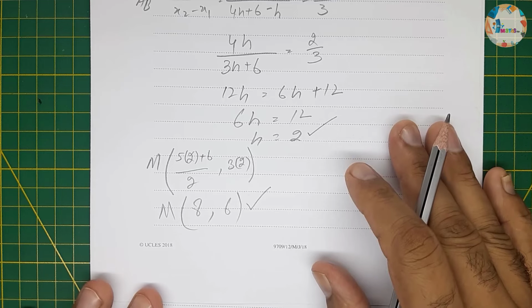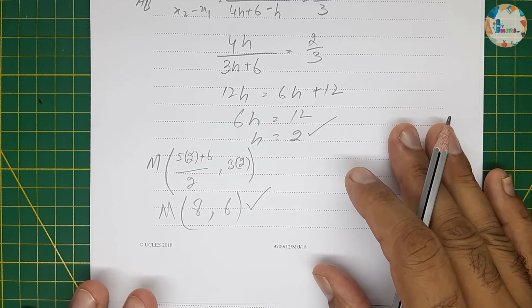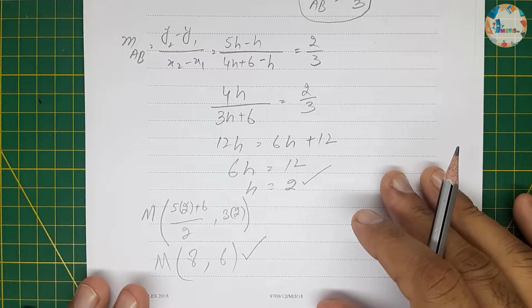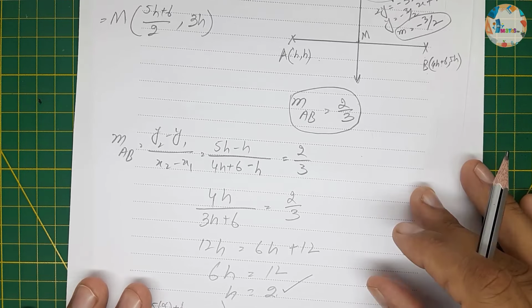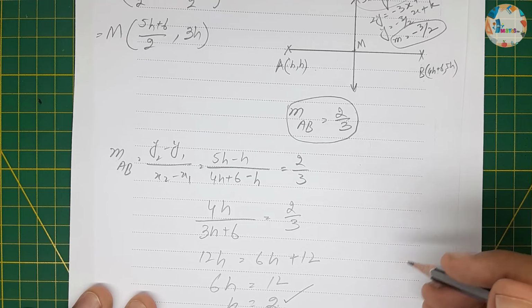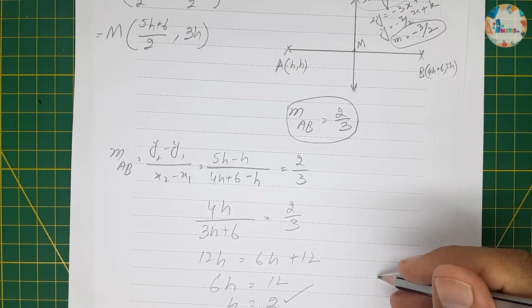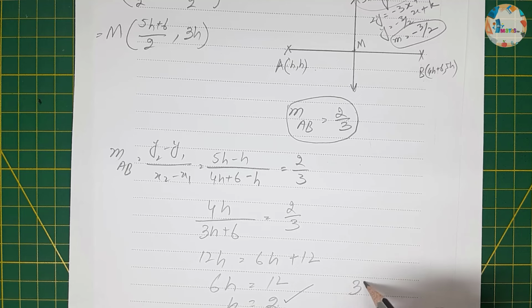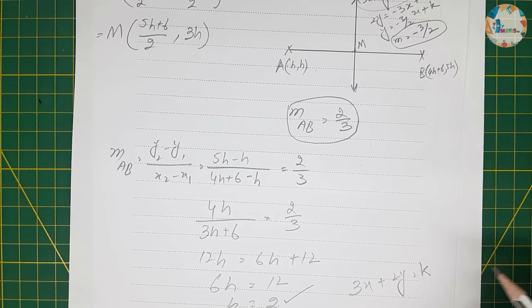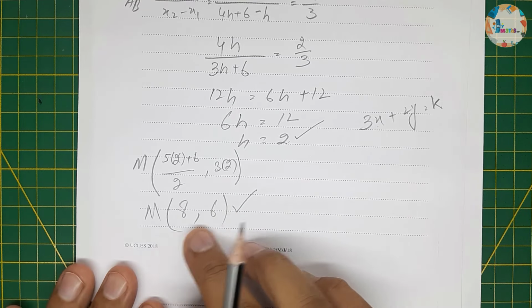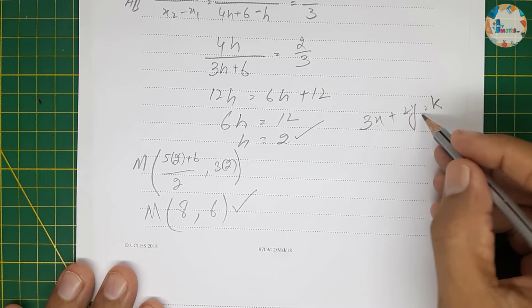Now we have to find the value of k, and k we can find by replacing the h value. From this equation we know 3x plus 2y is equal to k, and x and y values we can replace, 8 and 6 basically we will replace here.